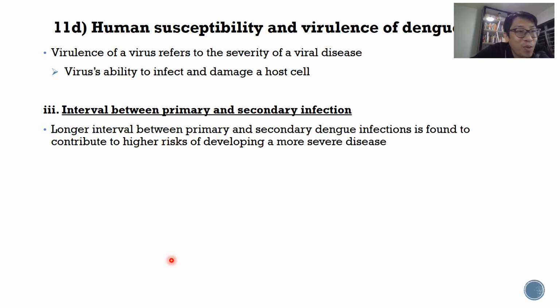So when we are infected by dengue for a second time, it may cause a more severe disease. These are some factors that affect the susceptibility and virulence of the dengue virus.